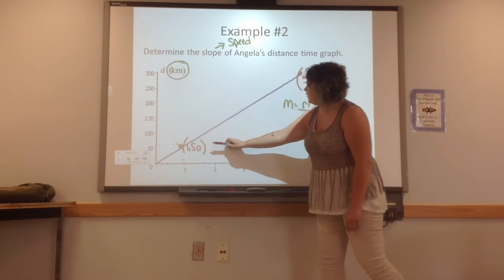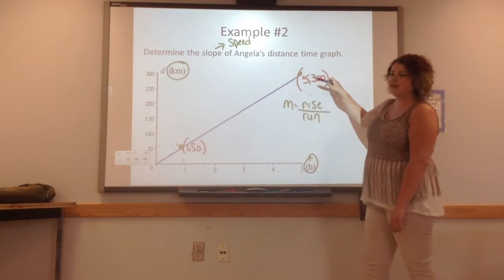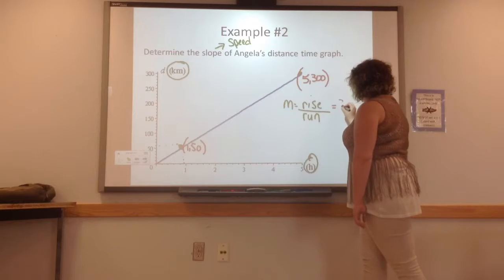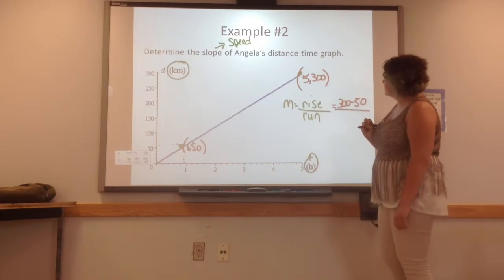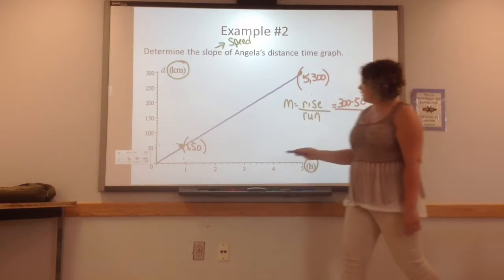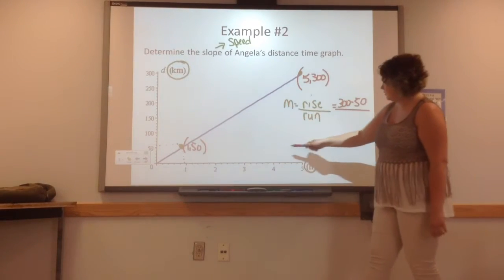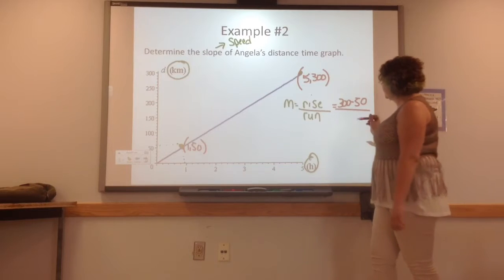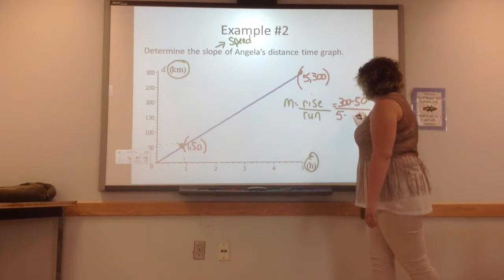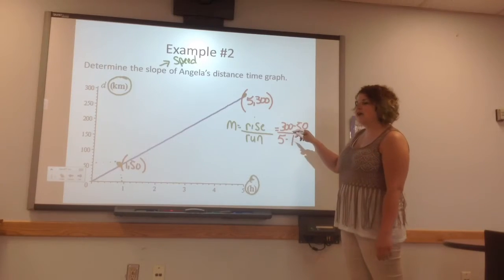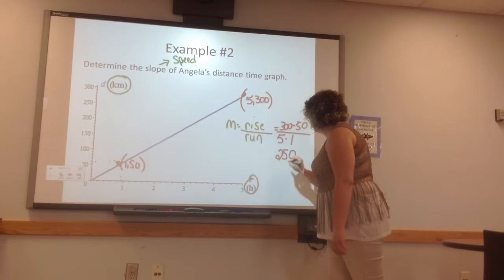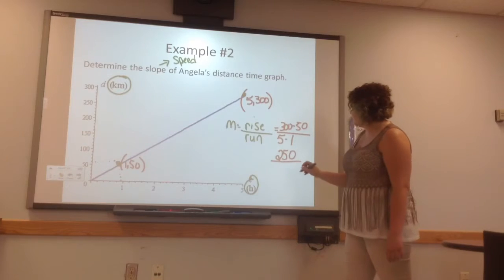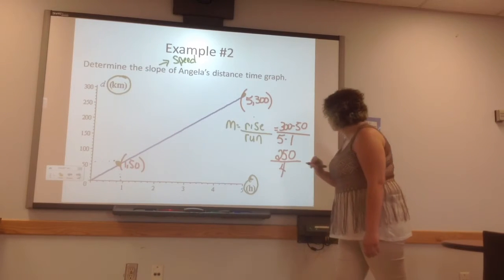Yeah, we'd have to go from 50 to 300, so the difference, 50 minus 300, and then we would have to move 1 to 5. Okay, so let's find the difference there. So 300 minus 50 is 250, and 5 minus 1 is 4.